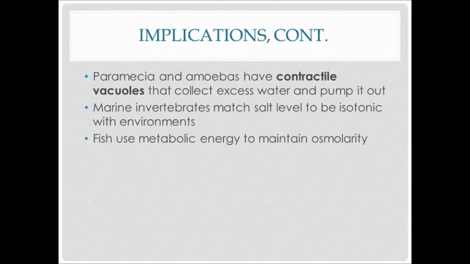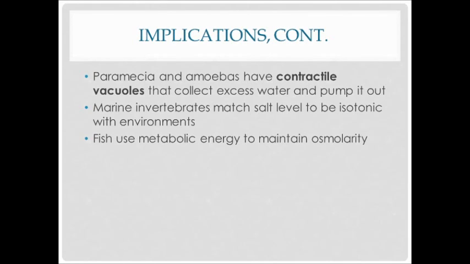In paramecia and amoebas, they have special organelles called contractile vacuoles. In contractile vacuoles, they collect excess water and pump it out to prevent themselves from bursting because they are unicellular organisms. Some marine invertebrates match the salt level to be isotonic with their environments so that their cells can also maintain their stability.